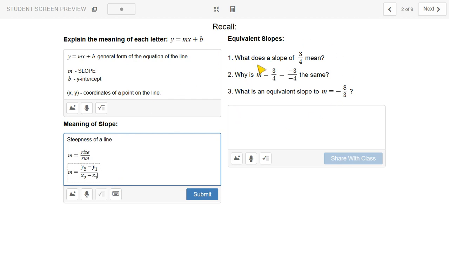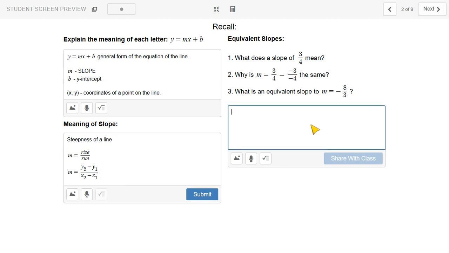So, talking about equivalent slopes is important. Now, if I had the slope 3 over 4, that means that I have a line that goes up by 3 units and goes to the right by 4 units.